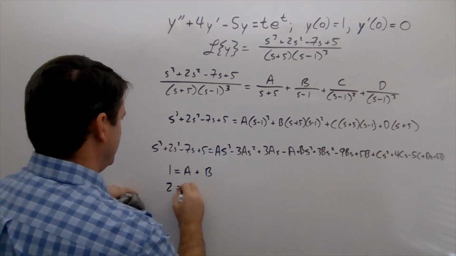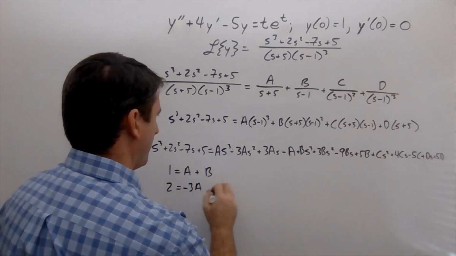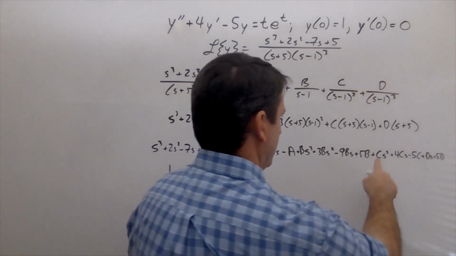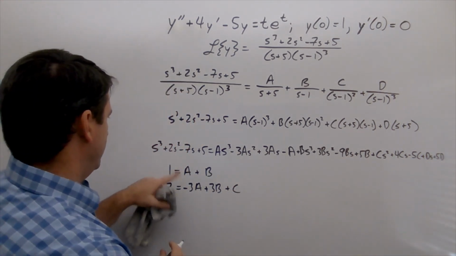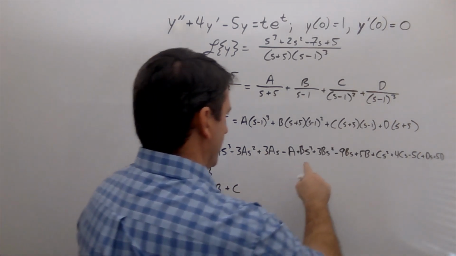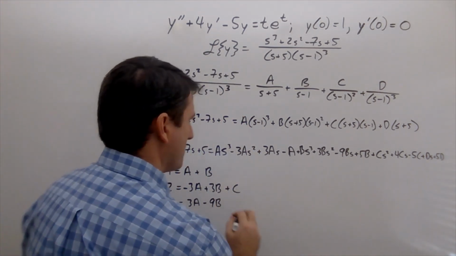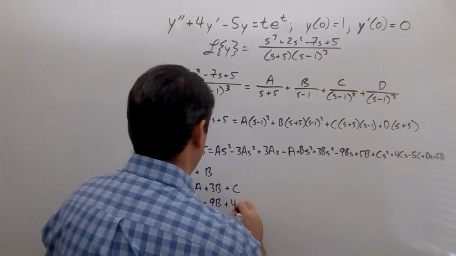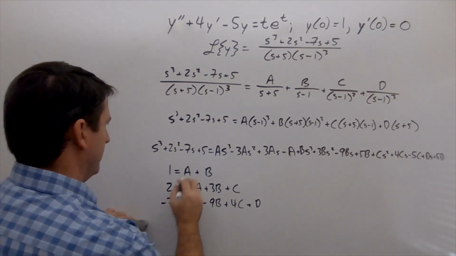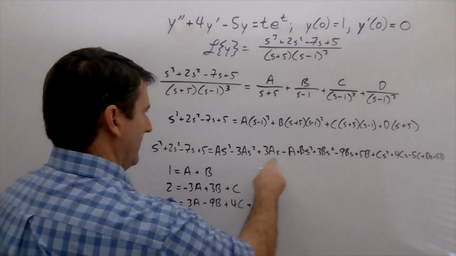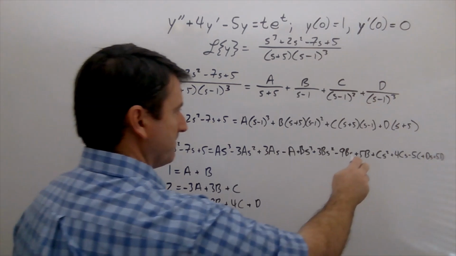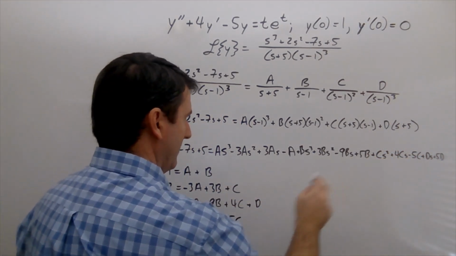The s squareds, we got 2 is equal to negative 3A plus 3B plus C. And then we've got negative 7 equals the s's, which is 3A minus 9B plus 4C plus D. And then the constants, we've got 5 is equal to negative A plus 5B minus 5C plus 5D.